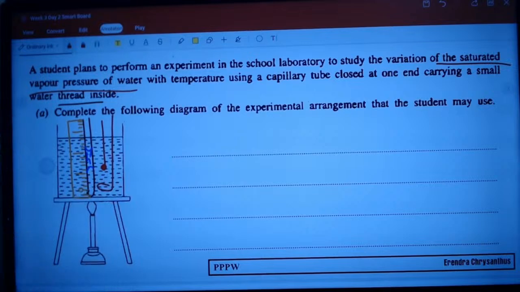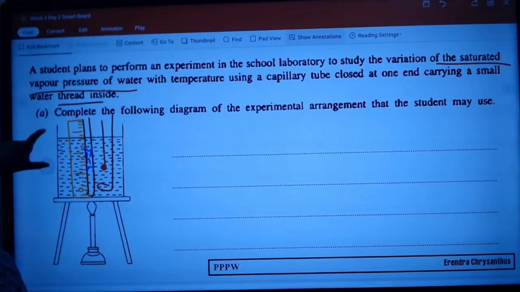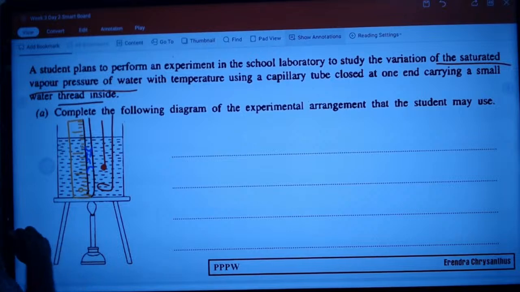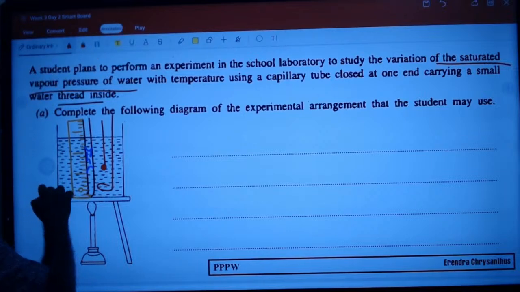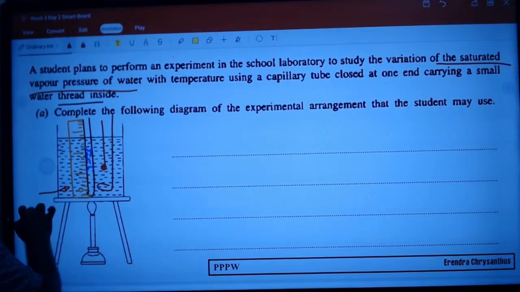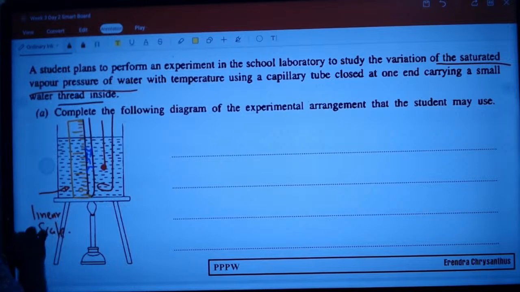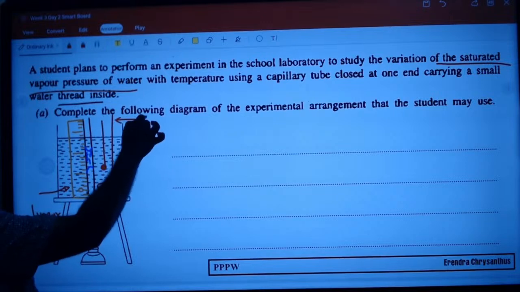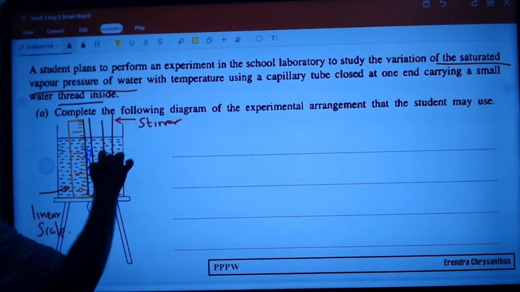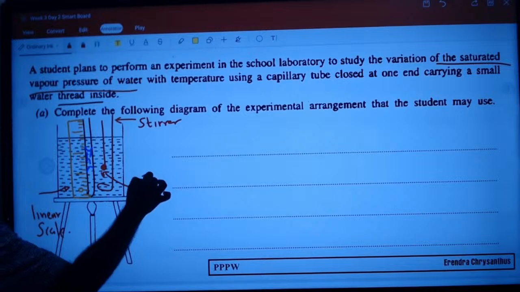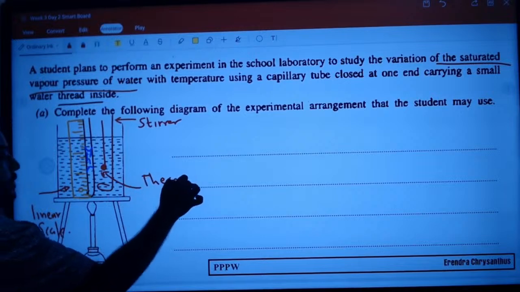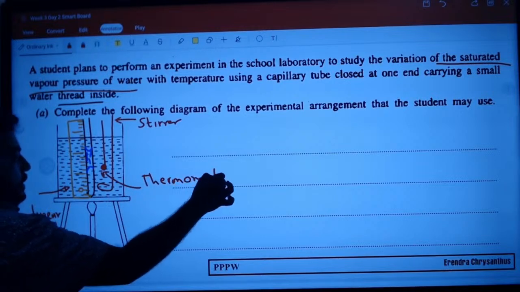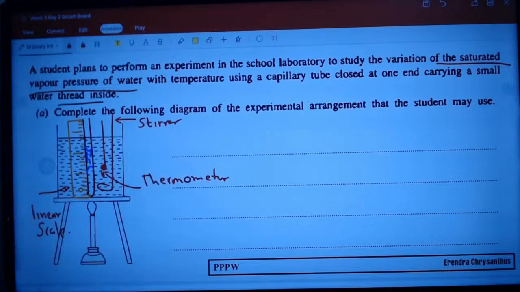Stir. There you go. Right now, so linear scale, you can name them if you want. I'm sure you should name it. Linear scale. Stir. Thermometer.